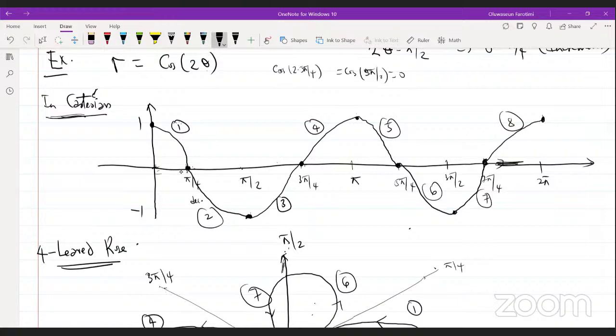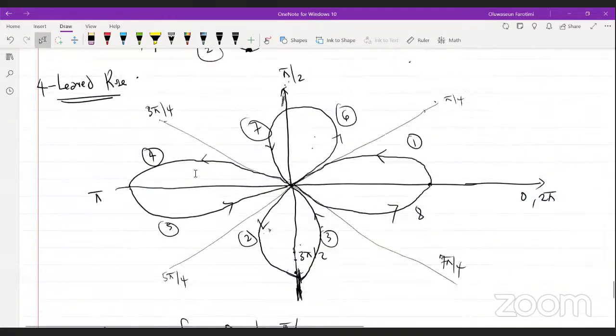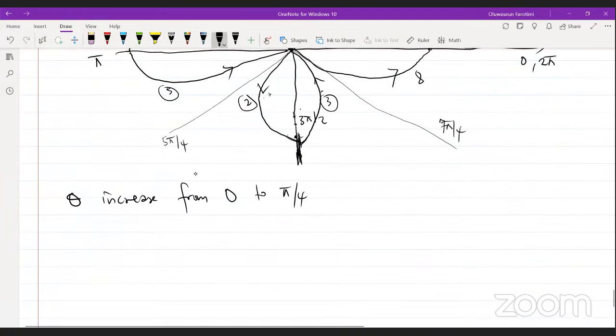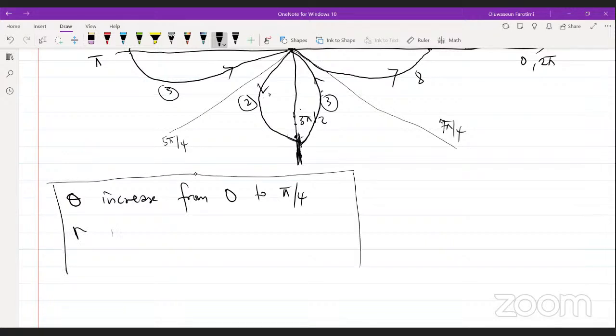We have increase. This is just like a caveat of what we've done so far, okay? This decreases from 1 to 0.